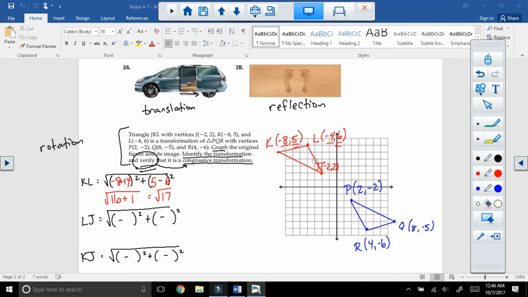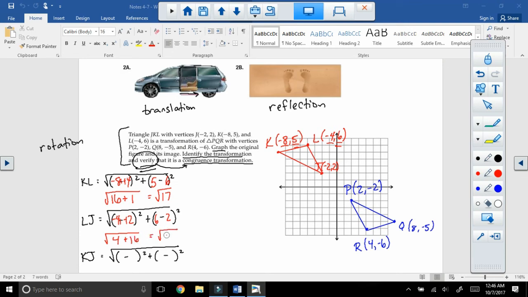Looking at LJ, the distance between the x values, -4 minus -2, and the y values, 6 minus 2. Here I add the opposite. So this is -2 squared, which is 4, and this is positive 4 squared, which is 16.